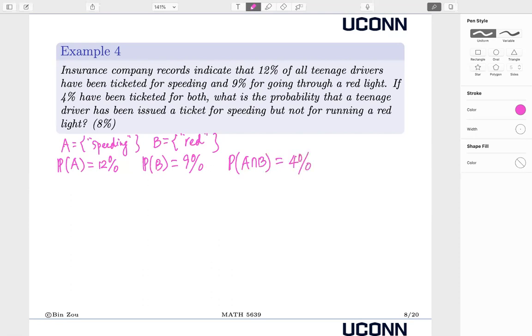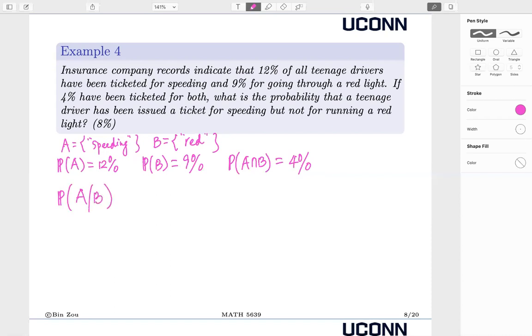So what do we want to know? So basically we have done the first step, the second step. The third one is to convert the question into a probability notation. We want to know a teenager has been issued a ticket for speeding, but not for running through the red light. So it will be A minus B. Okay, so sometimes I think it's more common for people to use a backslash to write the difference.